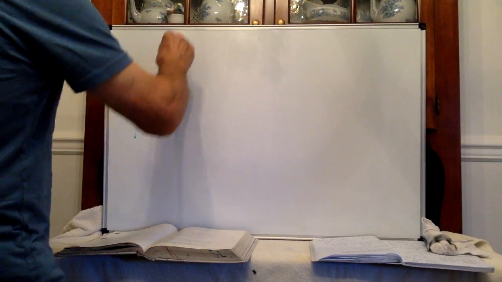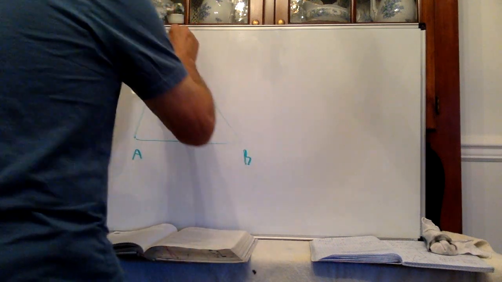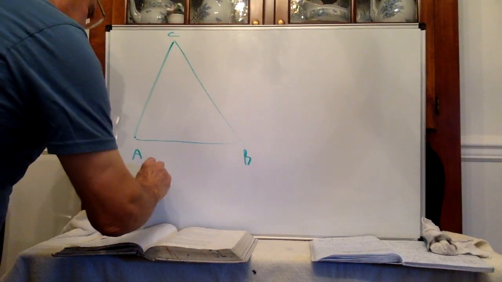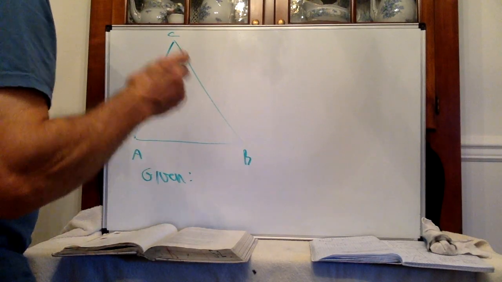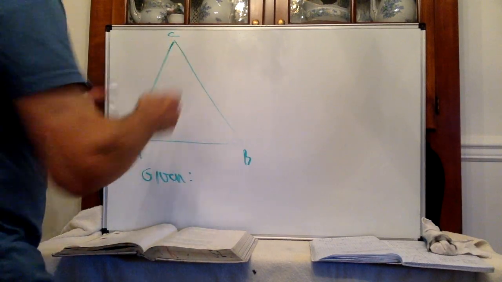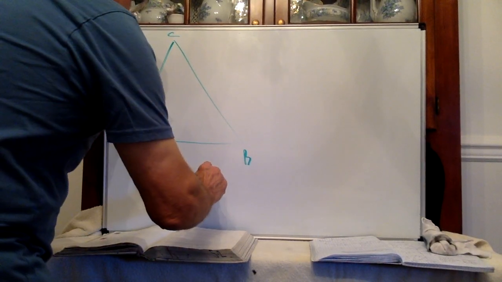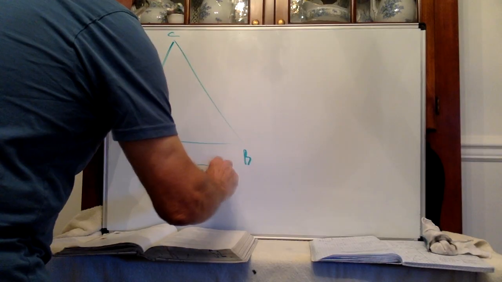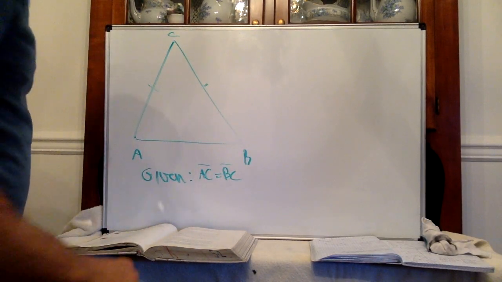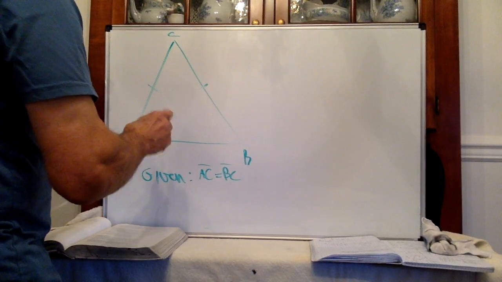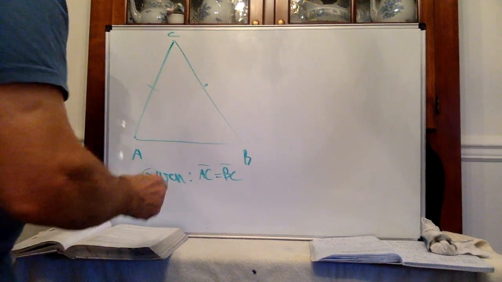So what I've got to do is draw a figure. All right, it says you're given an isosceles triangle, and I told you if you're given an isosceles triangle, when you draw your figure, you have to say, as part of your given, which of the sides you want as congruent. So I want AC congruent to BC. And then it said the line segments from the vertex to the trisection points of the base.